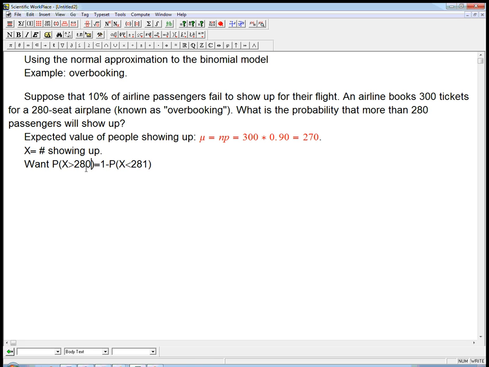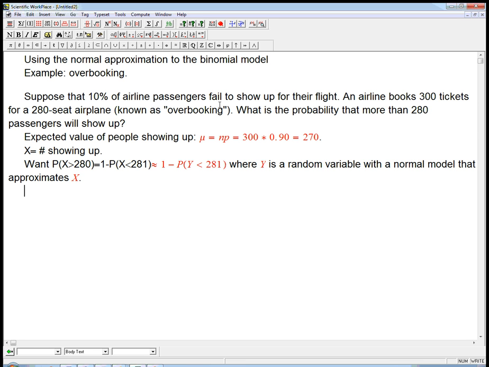At the end, we'll quickly discuss whether it makes sense to say 280 or 281, and the answer is it doesn't matter very much. So that's approximately equal to 1 minus the probability that Y is less than 281, where Y is a random variable with a normal model that approximates X.